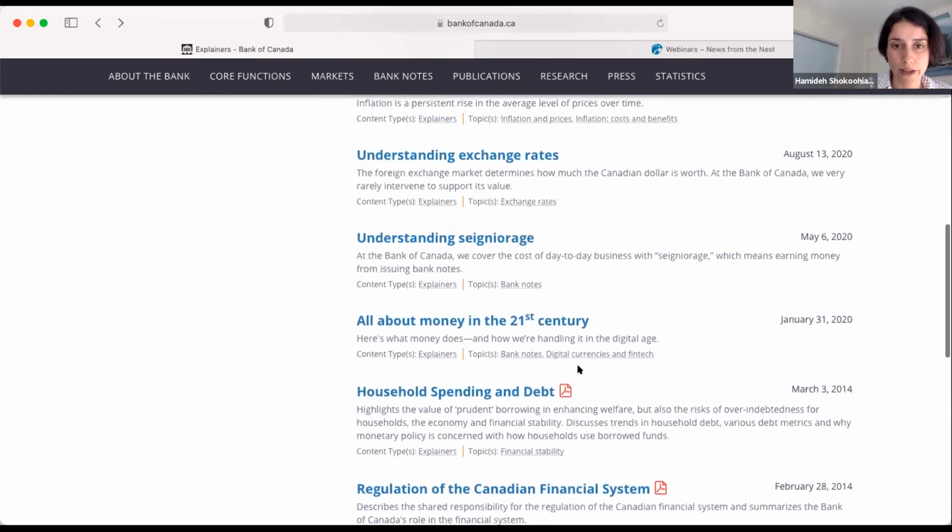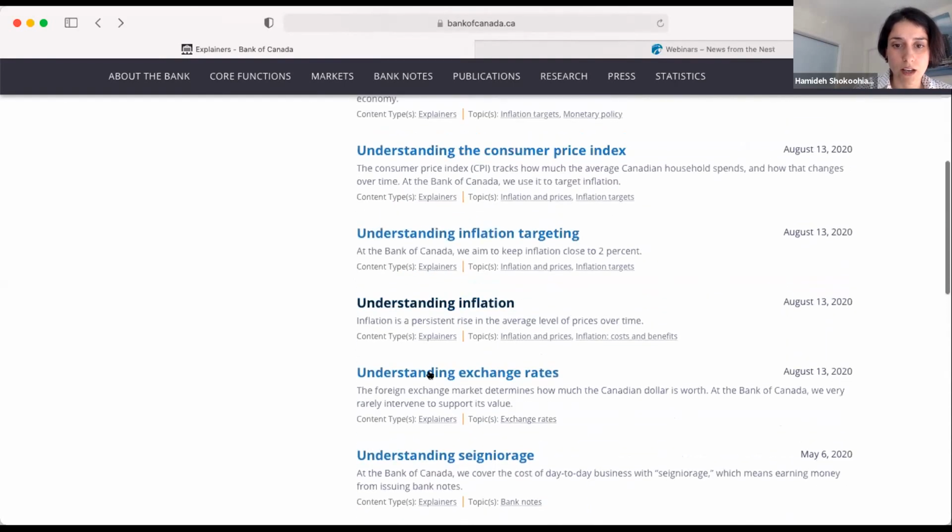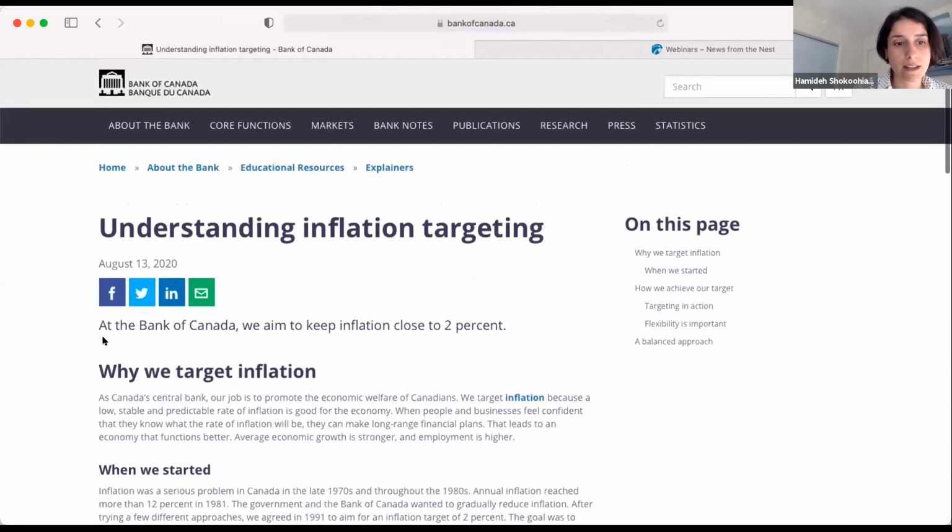Then I open the understanding inflation targeting page for them and ask them to read just the one sentence on the top. As I mentioned, inflation targeting and the output gap are concepts they are just reviewing. It's nothing new for them.